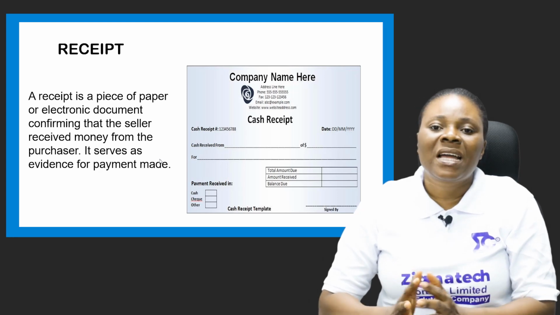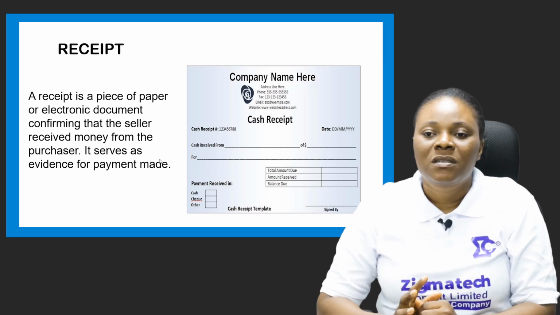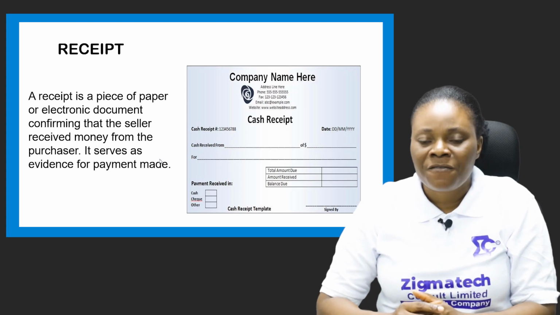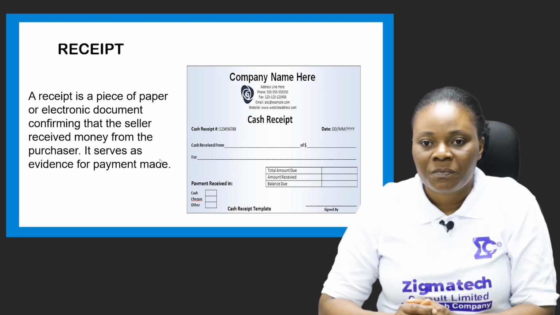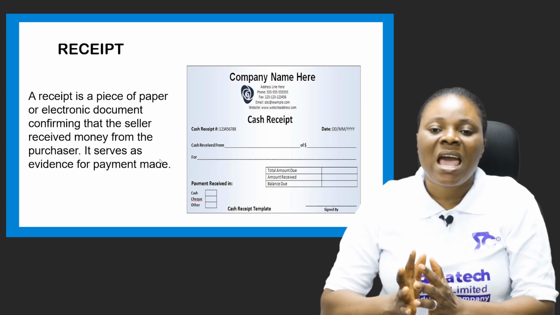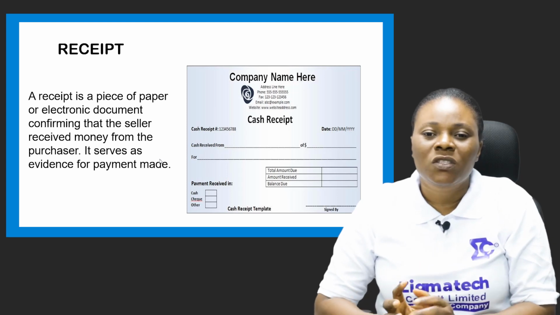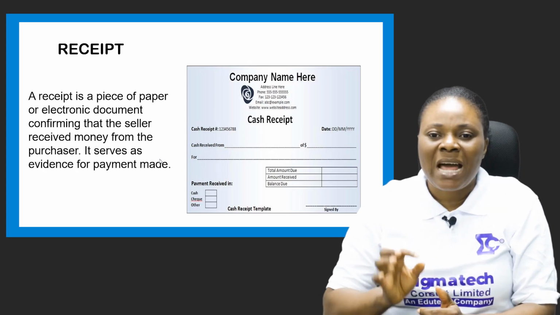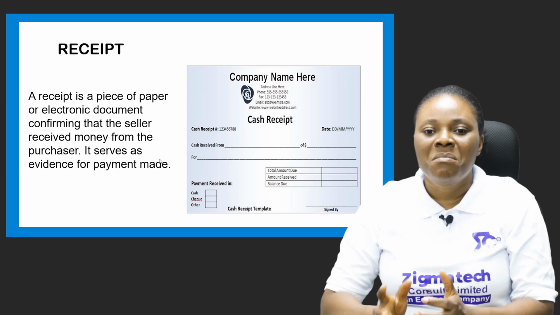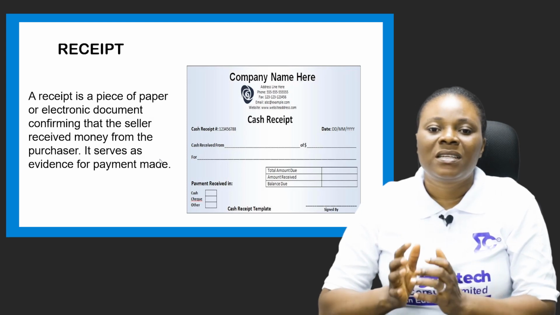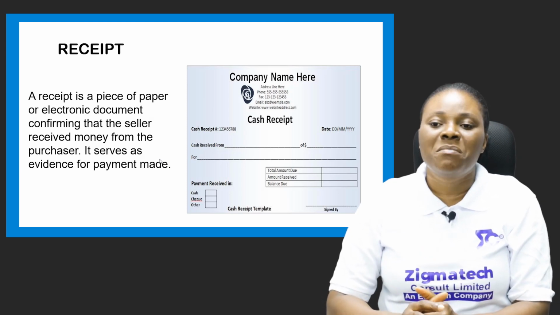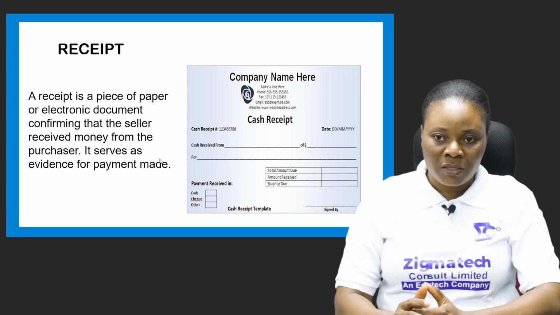So we can basically call a receipt an evidence for payment made. A receipt serves as evidence, or you can also say a proof, that payment has been made for what has been bought.